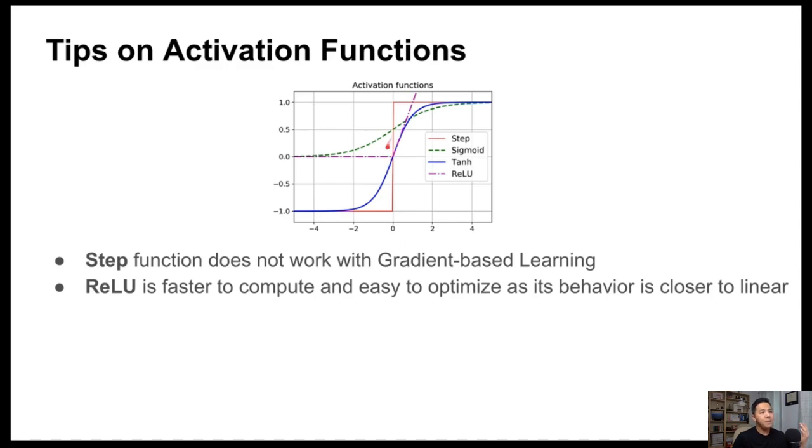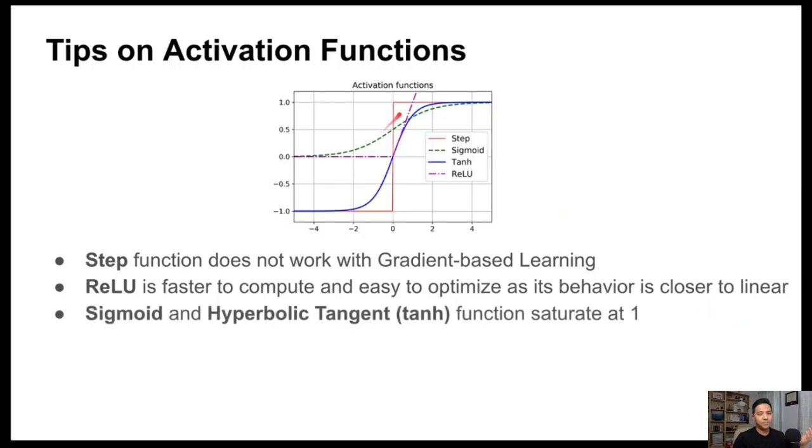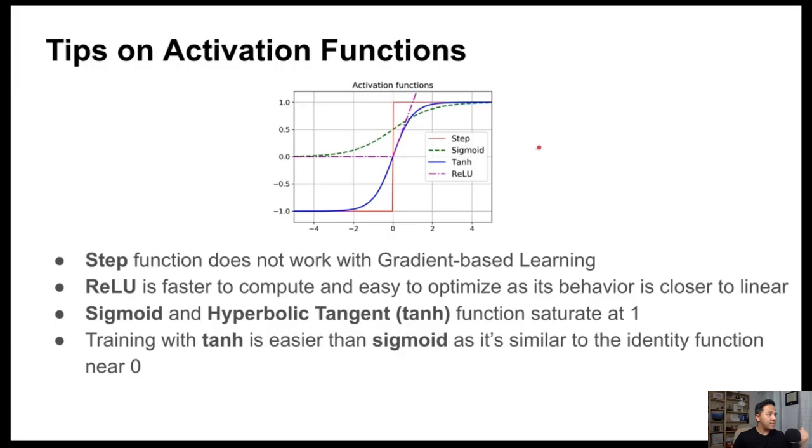So this behavior is pretty close to a linear function. Both sigmoid and tanh saturate at 1. And why is this a problem? We're going to learn in the next videos. And tanh is easier to train than sigmoid because it is very similar to an identity function here when z is near 0.